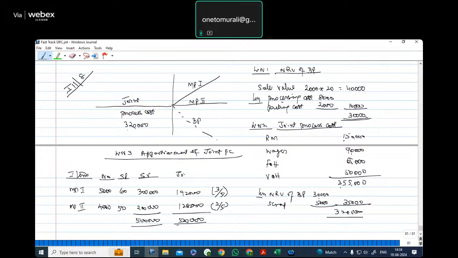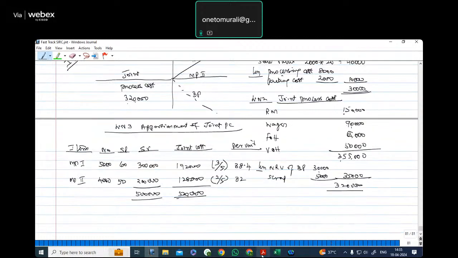So joint cost apportioned. So per unit, 192,000 divided by 5,000 is 38.4 and 128,000 divided by 4,000, which is to be taken up as 32.